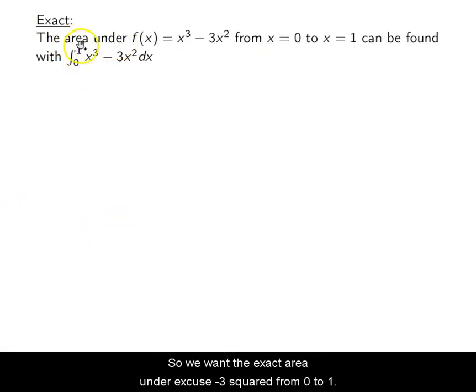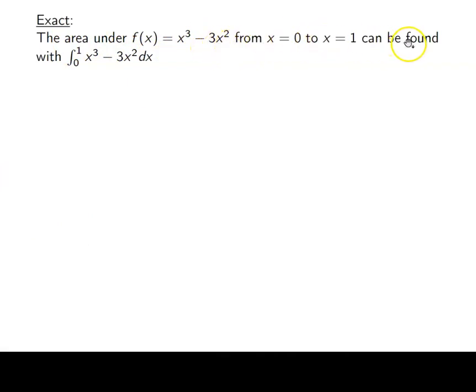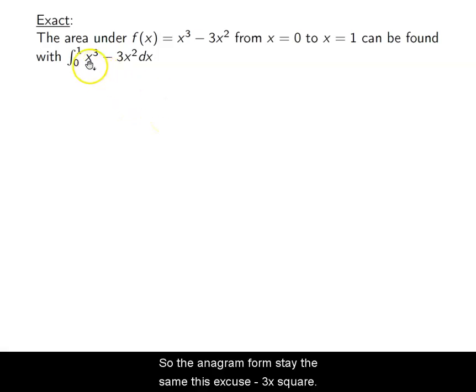So we want the exact area under x cubed minus 3x squared from 0 to 1. And we can find this by finding the integral from 0 to 1 of x cubed minus 3x squared. Okay. So in order to do this, we need to take our integral and form it into our sum. The integrand stays the same, this x cubed minus 3x squared.